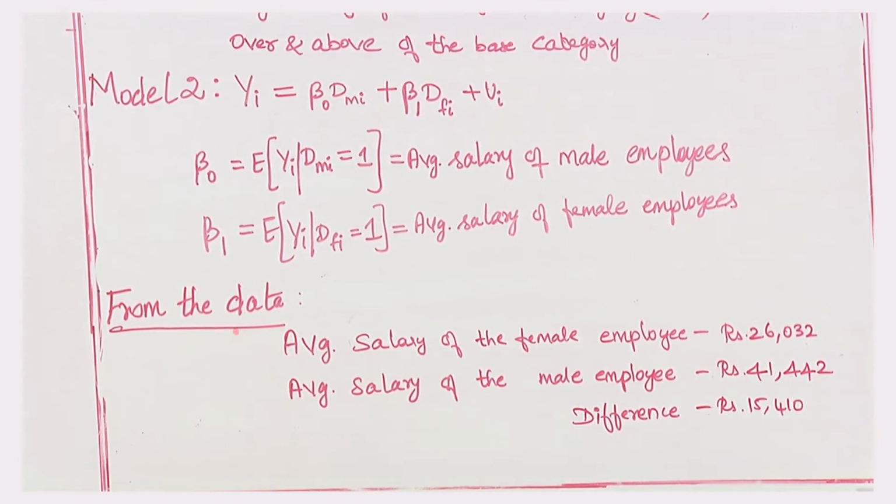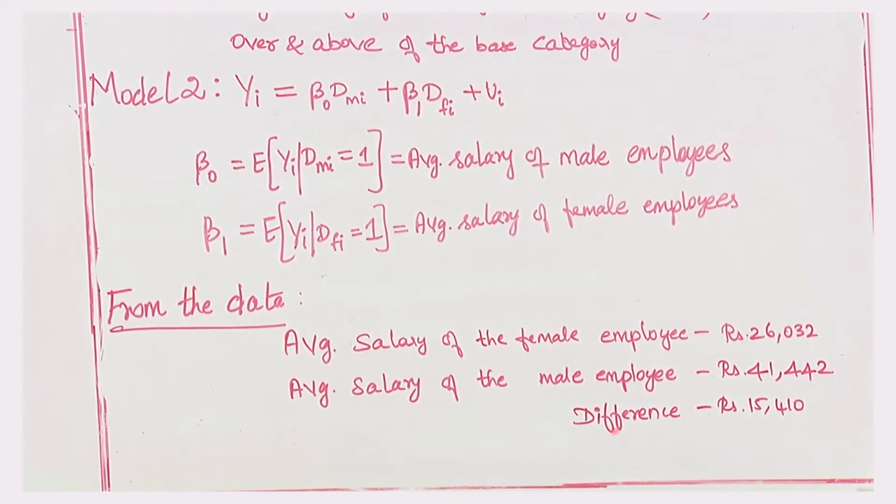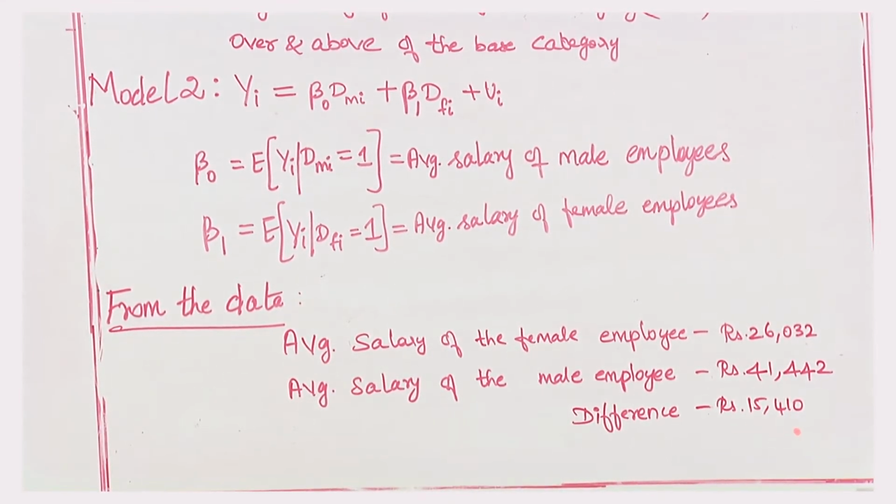From the data, we know the average salary of the female employee is rupees 26,032. The average salary of the male employee is rupees 41,442. The difference here is rupees 15,410.